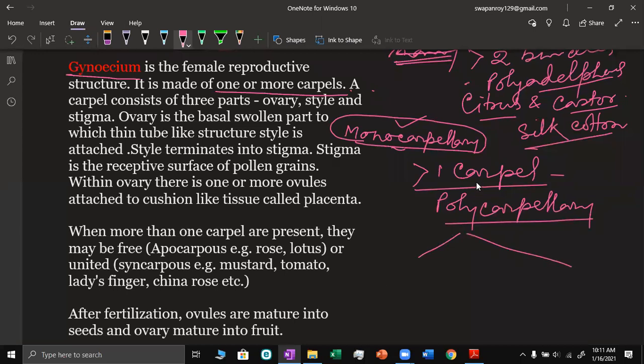One is where the carpels are fused and the other where they are free. When the carpels are fused, the condition is called syncarpous.